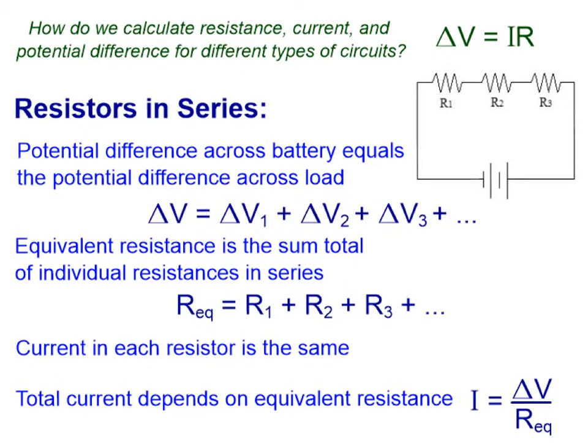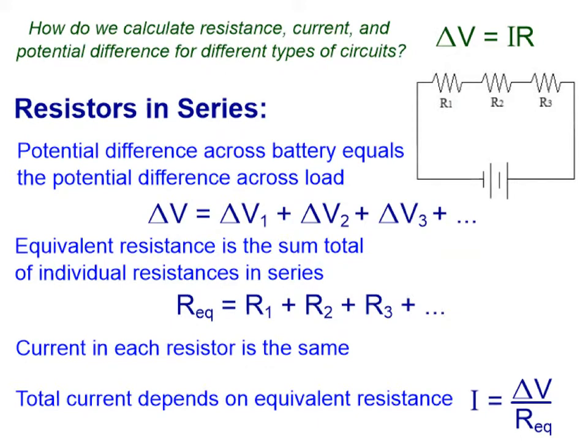How do we calculate resistance, current, and potential difference for these two different kinds of circuits? There are different ideas involved when we talk about resistors in series versus parallel. Let's take a look at resistors in series first. In this case, we have one path through which the current is traveling.